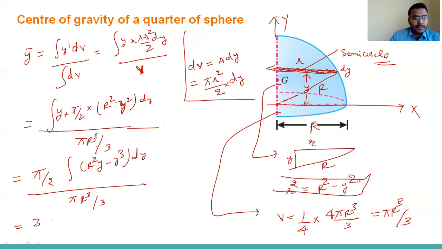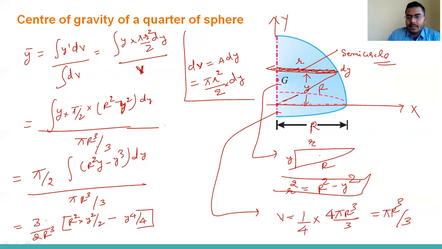So by simplifying, pi will cancel, and we can get 3 by 2 r cube. Now integration: r square will be r square into y. Integration of y will be y square by 2, minus y cube, y 4 by 4. What is the lower limit?